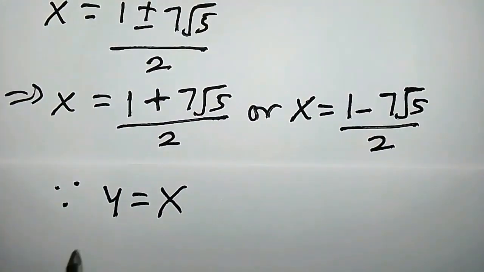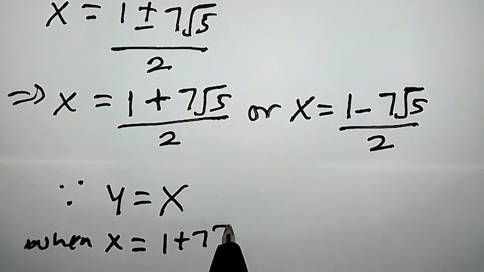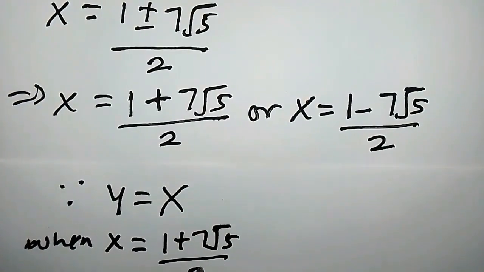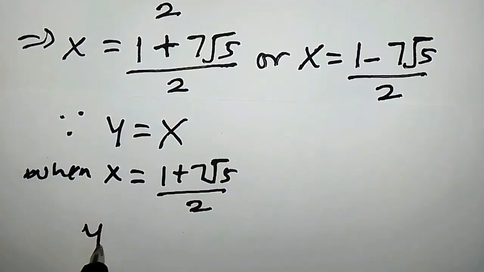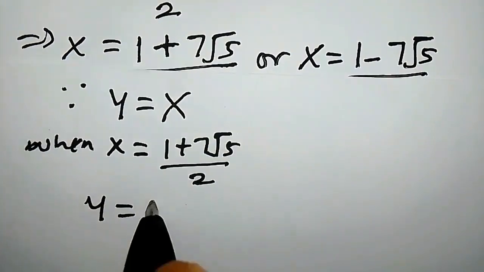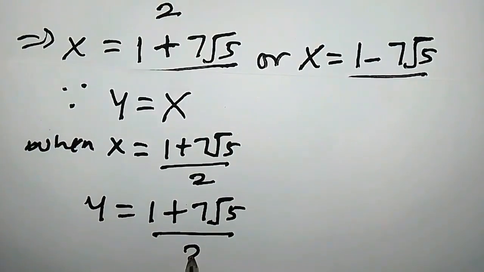Let's proceed further. Our goal now is to consider each value of x. Consider this first. When x is equal to 1 plus 7 root 5 divided by 2, plugging this value of x here, we have y equal to 1 plus 7 root 5 divided by 2.